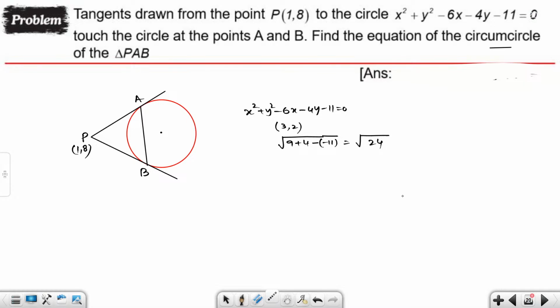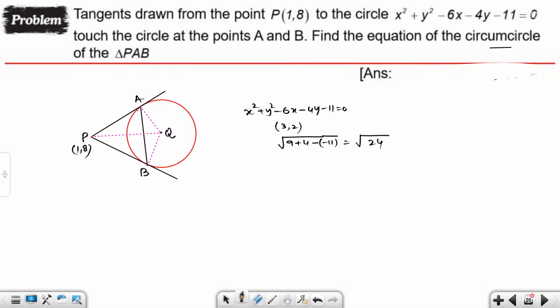I'm simply joining this point of contact with the center. Is it clear? And let me join this point also. Now, let us say Q is the center.